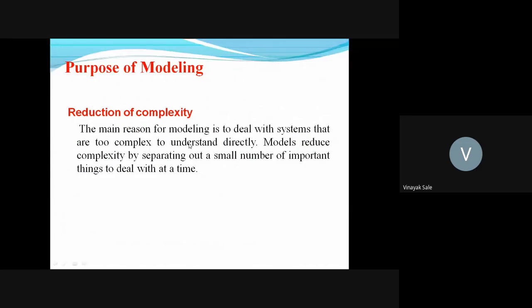Then what is the purpose of modeling? That is a reduction of complexity. The main reason for modeling is to deal with systems that are too complex to understand directly. Models reduce the complexity by separating out a small number of important things to deal with at a time.